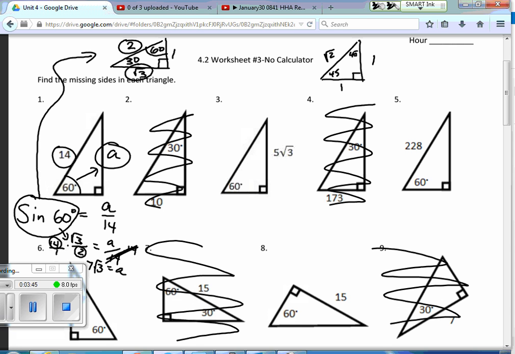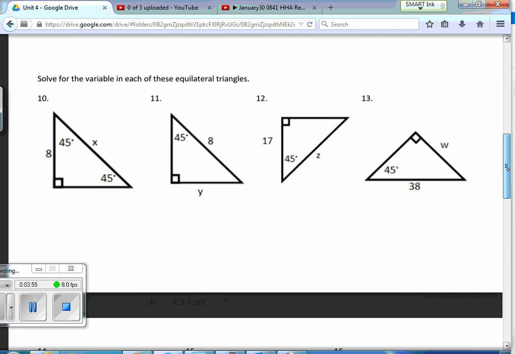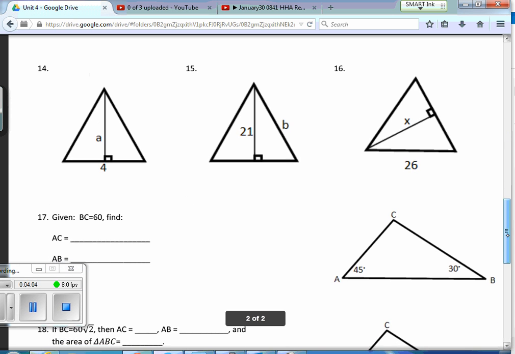So anyway, I'm going to encourage you, you can handle all of these problems. We've done ones just like it until we get to these. They're the same, it's just that they're going to use that 45-45 triangle, the 1-1 square root of 2 triangle. On this side, they get a little trickier.